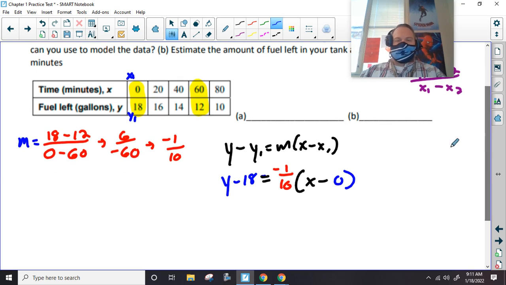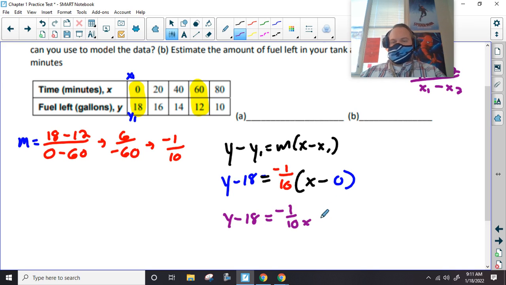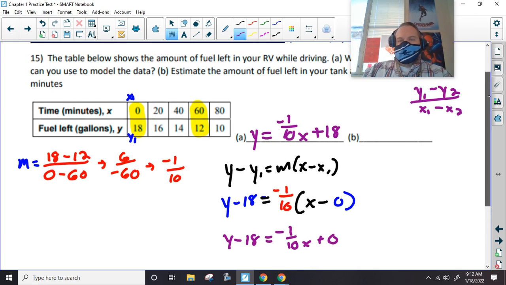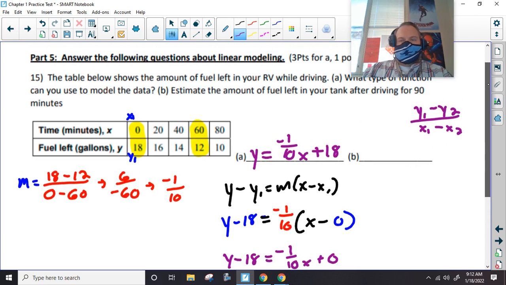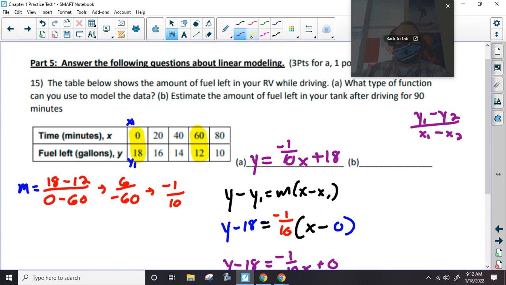All right. So if we distribute, this becomes 0. We end up with y equals negative 1/10 x plus 18. And it says this is when x is 90.